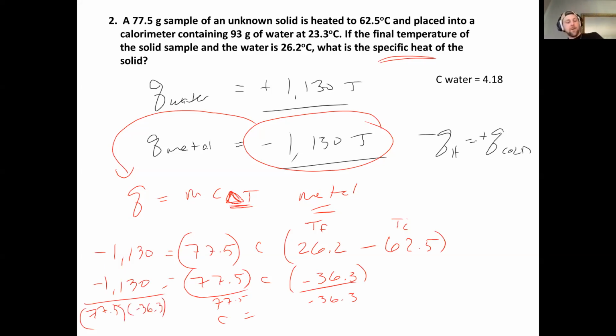So 1,130 divided by 77.5, and again divided by 36.3. The negatives cancel out, and my final answer is 0.402, and the units will be joules per gram degrees Celsius.